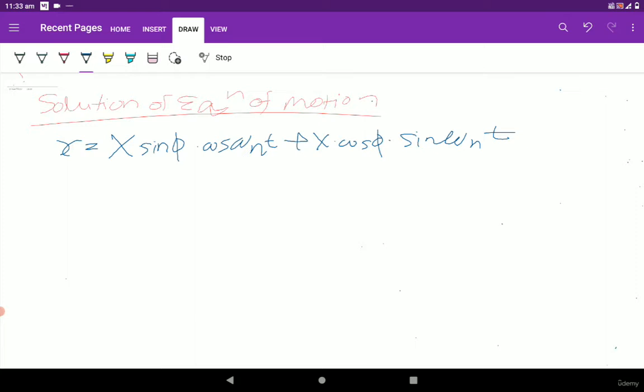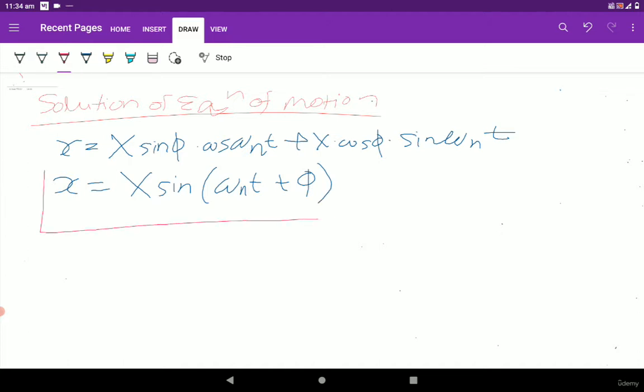After simplification, x equal to capital X sine of omega n t plus phi. This is the equation of our interest.